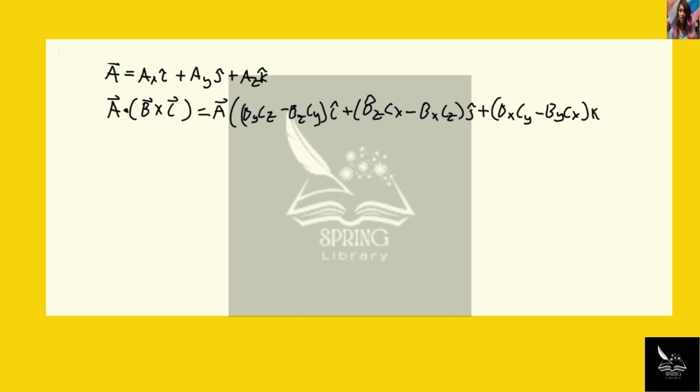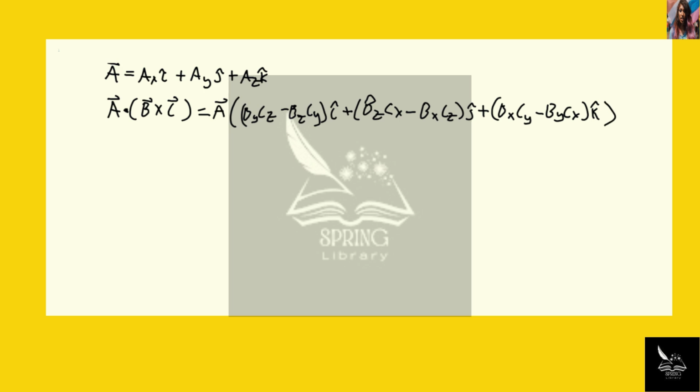B cross C. So this is BY CZ minus BZ CY I hat plus BZ CX minus BX CZ J hat plus BX CY minus BY CX K hat.